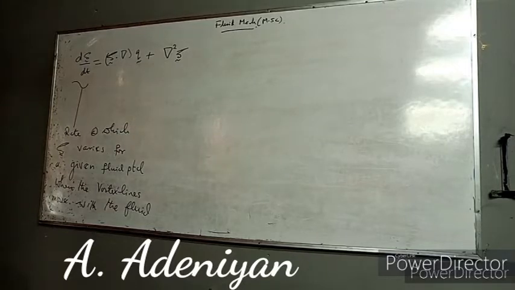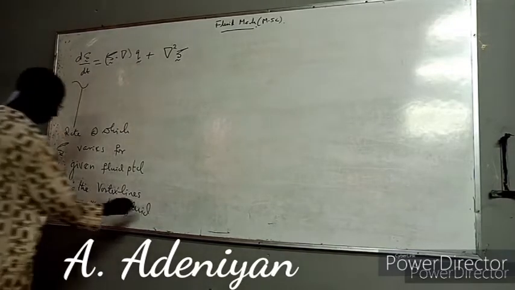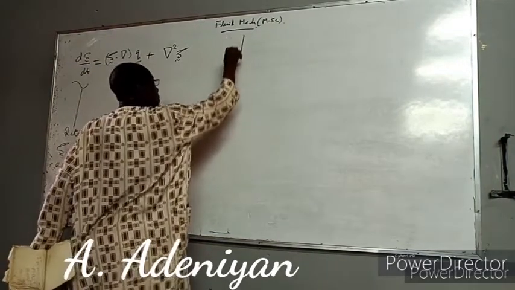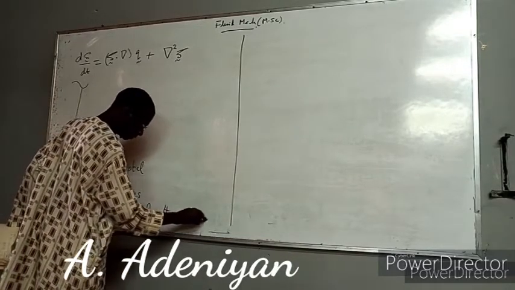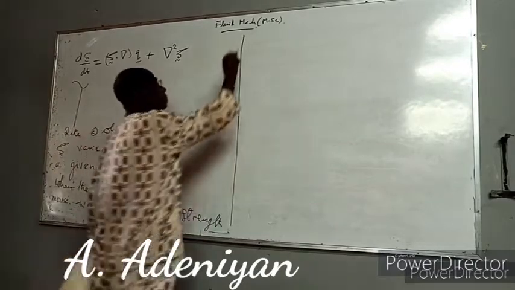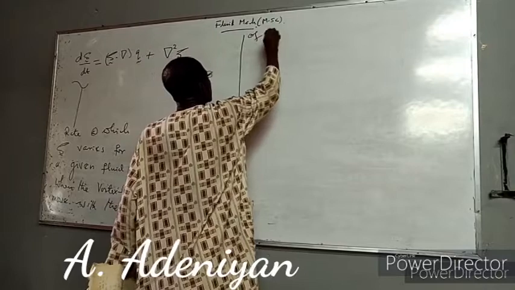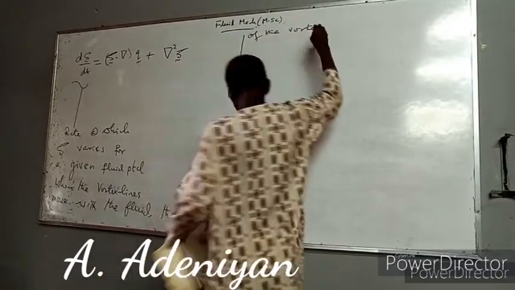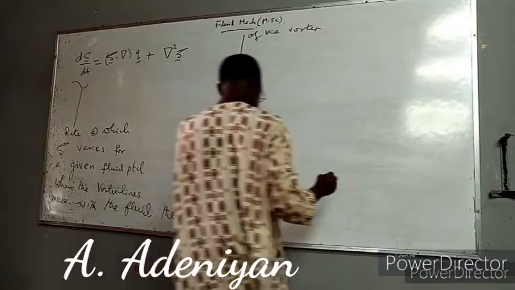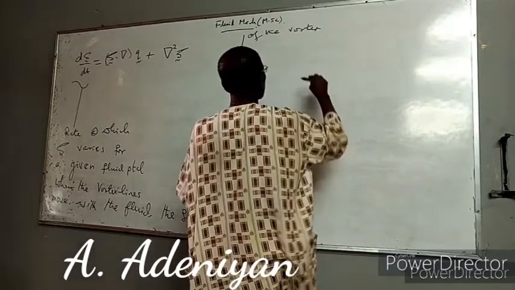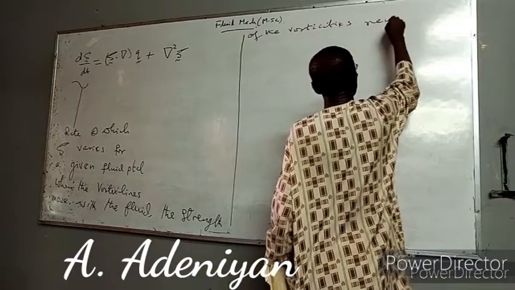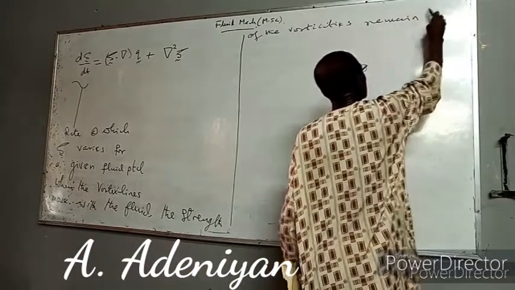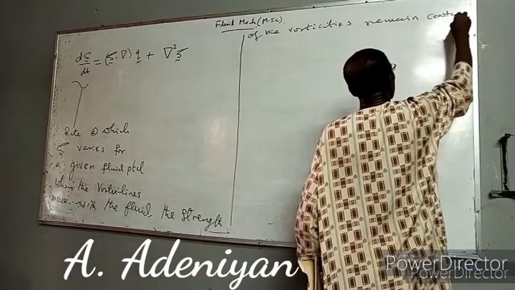Which of course is the strength of the vortex line, instead of vorticities, remaining constant.